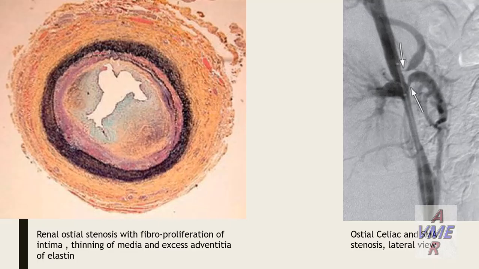This is a microscopic picture of the ostial lesion. This is renal ostial stenosis with fibroproliferation of the intima. We have thinning of the media and excessive adventitial elastin production. This is a picture of celiac trunk stenosis and superior mesenteric artery stenosis on a lateral view aortograph.